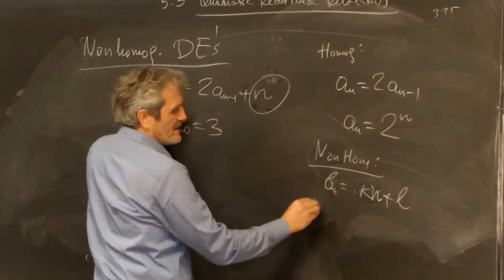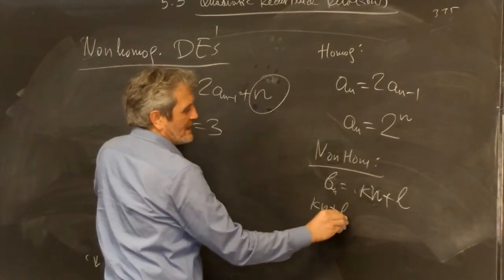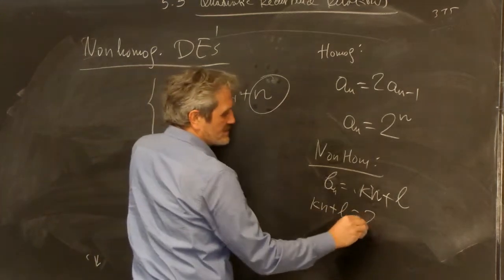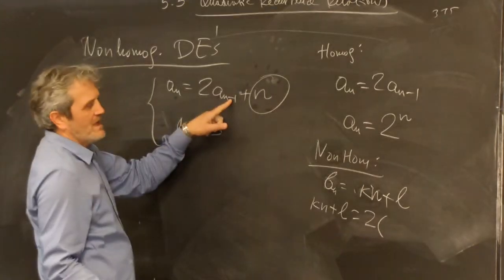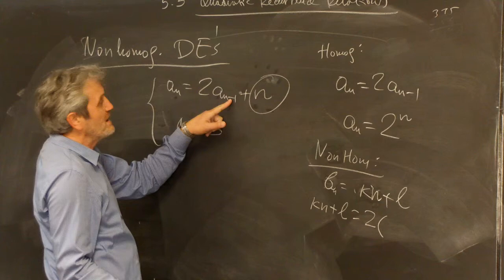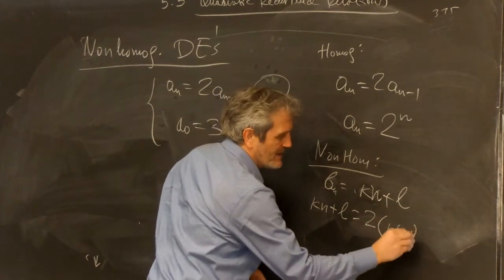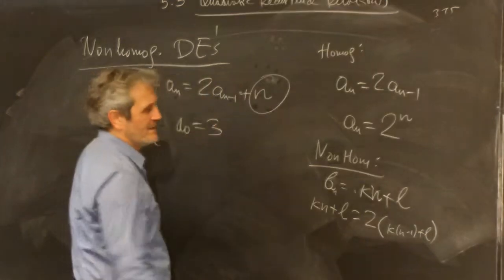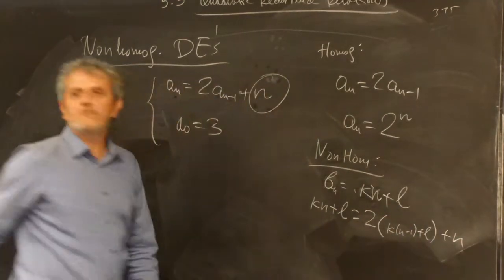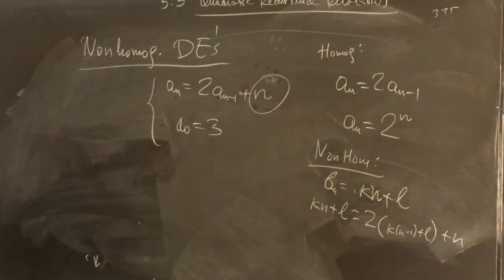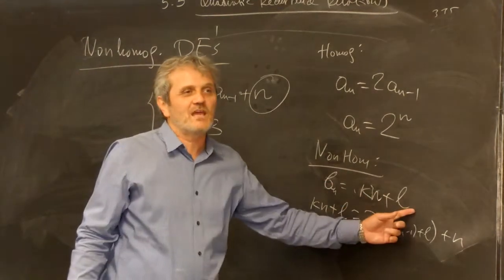And it says the following. Kn plus L equals 2 times B_{n-1}, which is what? K times (n minus 1) plus L, and plus n. When I plugged it in, I said, I don't want to make up my mind what K and L are.